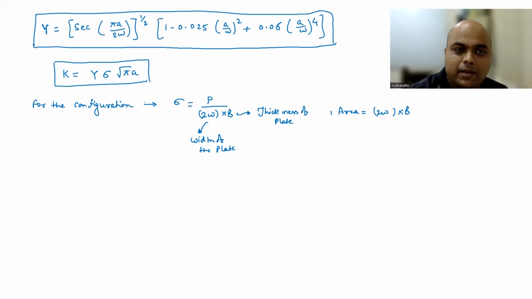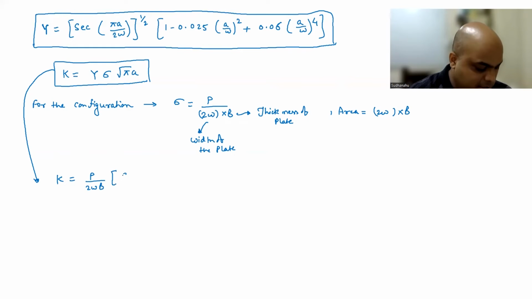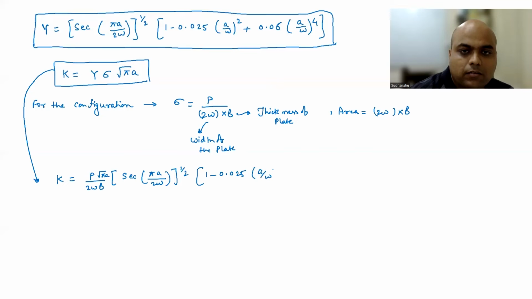Let's put this sigma in the general equation of K. K can be written as K equal to Y sigma root pi A. Sigma is P by 2WB, and now let's put the value of Y, which is sec of pi A by 2W.